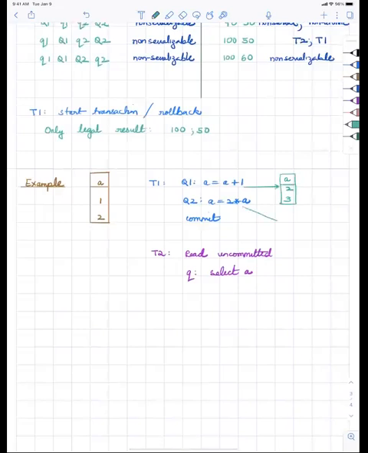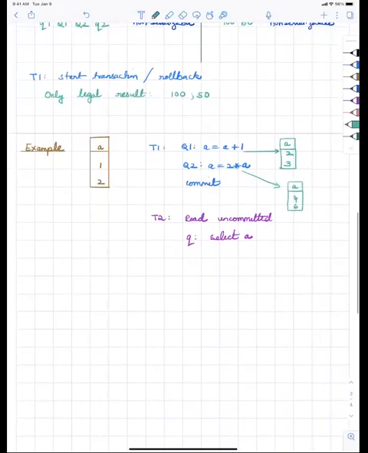And after Q2 completes, you should have A with 4 and 6. So again, if you do read uncommitted, the outcome will depend on the order of execution, how things are interleaved.